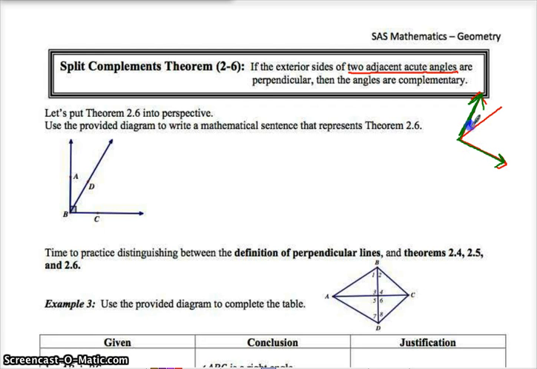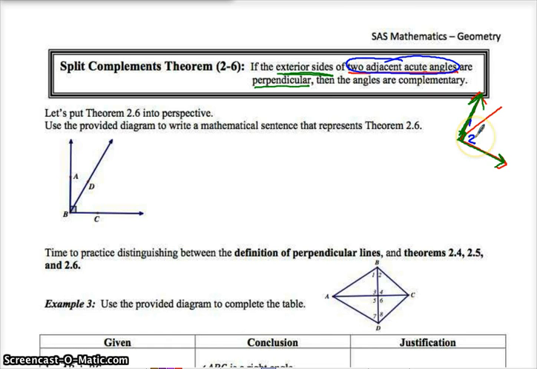Angle 1 and angle 2 are adjacent acute angles, right? They're less than 90 degrees. They share a common side, which means they're adjacent. Their exterior sides, which is the green part, are perpendicular to each other. So this is 90 degrees right here.